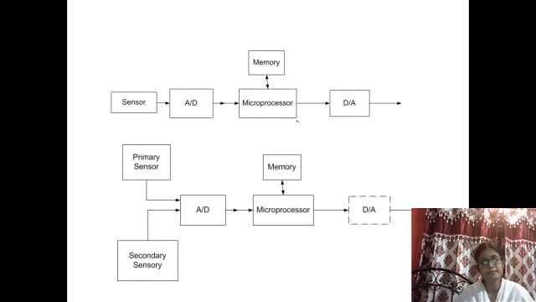For a microprocessor based system, there is a sensor, then an A to D converter in order to digitalize the signal, then the microprocessor, and again a digital to analog converter, and then a voltage to current converter is required for signal transmission. And this is the arrangement of the primary sensor along with the secondary sensor.